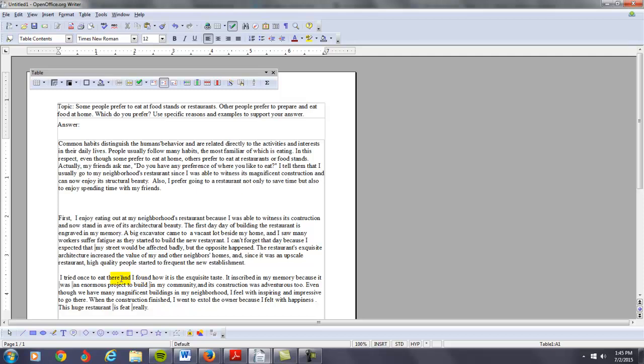So I'm going to say here, I tried one see-through, I found how it was exquisite. We're trying to stay focused on this idea, the construction of it, not on how the food is or whatever. To me, that's a whole nother idea that you can probably bring up in a different paragraph.